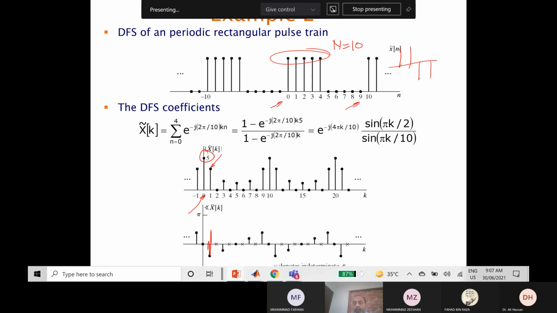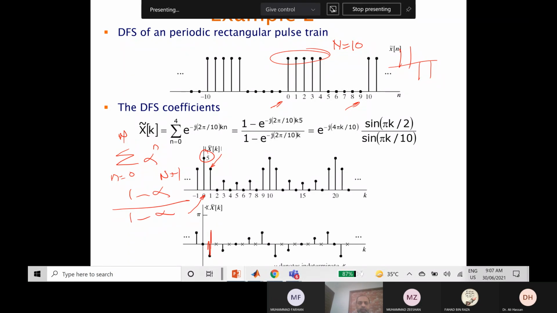Like we know this formula: the summation of alpha to the power n, n going from 0 to N, is 1 minus alpha raised to the power N plus 1 over 1 minus alpha. So we know this formula.